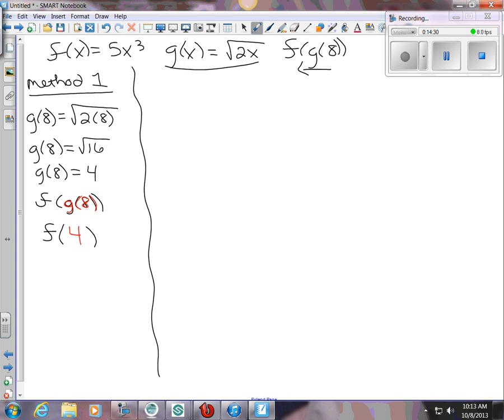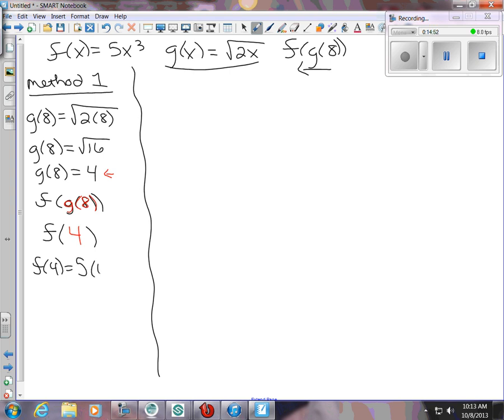So you're taking whatever you found g of 8 to be, your output right here, and you're plugging it in for f. Okay? So f of 4 is what we're going to find. So you take your output from the first one, and you put it as your input.